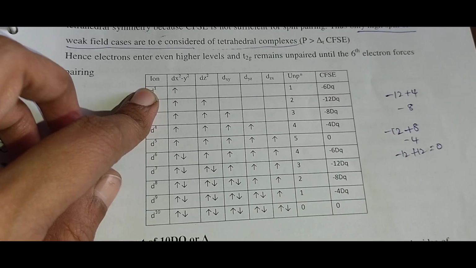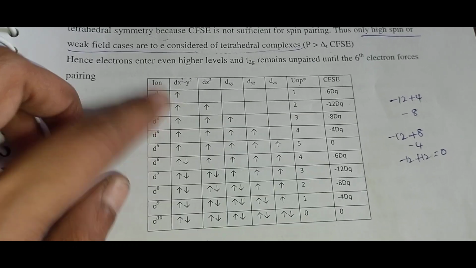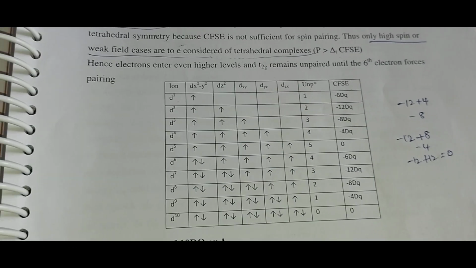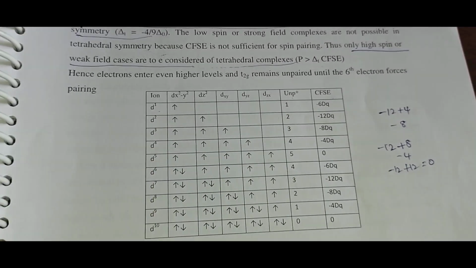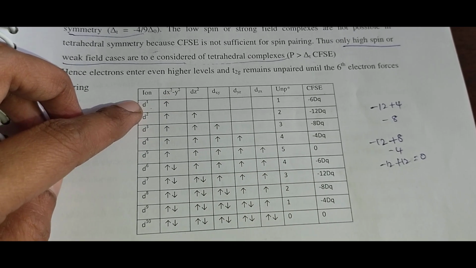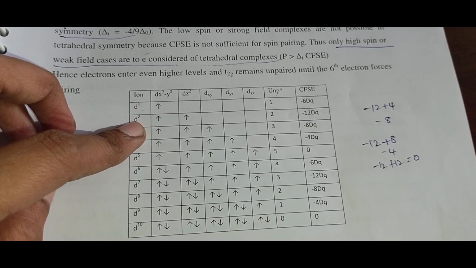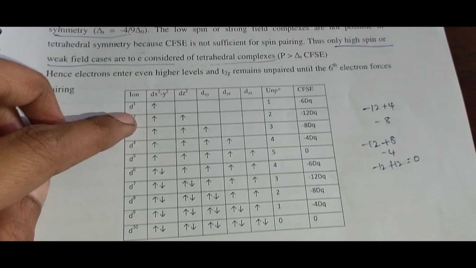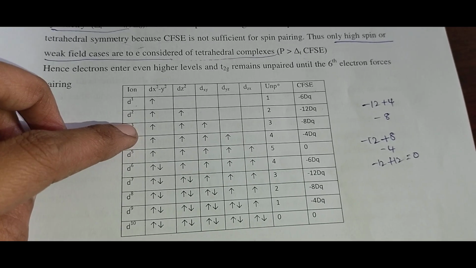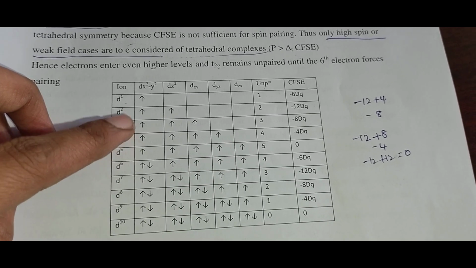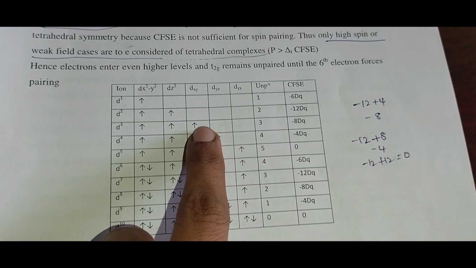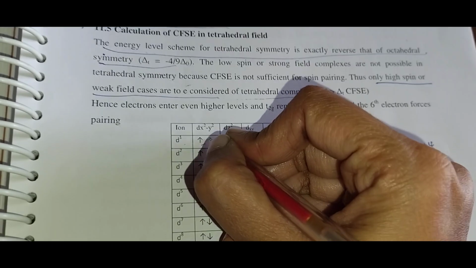So here it is minus 6 dq. So up is plus 6 dq. So it is reverse, no? So minus 6 dq, double minus 12 dq, and here so minus 8 dq. Because minus 12 plus 4, because it is plus 4, so this is minus 8.